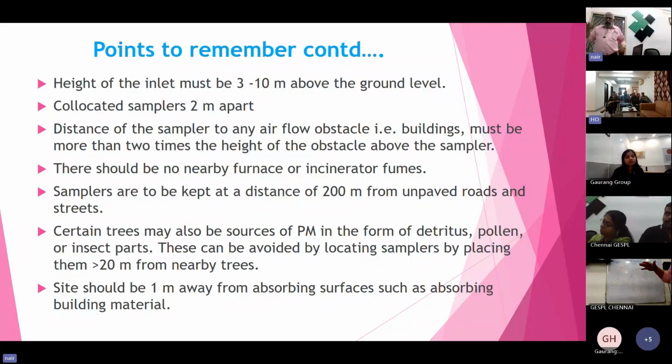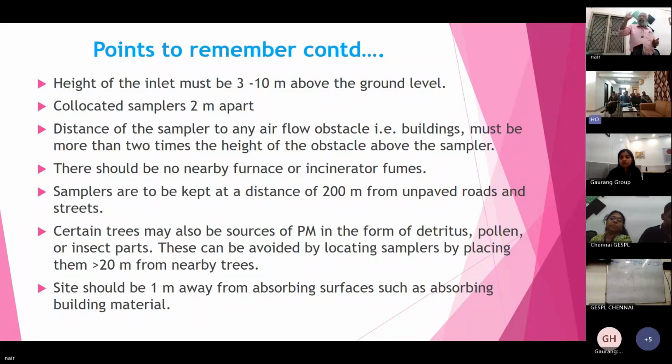This particulate matter will clog the pores of the filter paper, so you will not get an accurate report. So keep a minimum of 200 meters from unpaved roads. Don't take a photograph where the unpaved road is seen along with the instrument. Be careful of it.